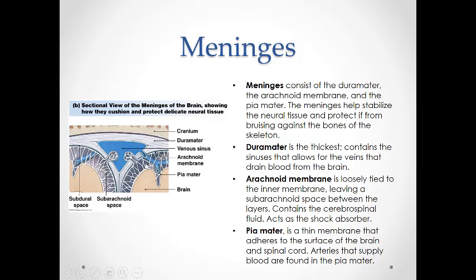Okay, and this contains cerebral spinal fluid, and this is the specific area that acts as the shock absorber. And then lastly, you have the pia mater. The pia mater is like a very thin membrane that surrounds the brain and the spinal cord, and the arteries that supply the blood are found in the pia mater.